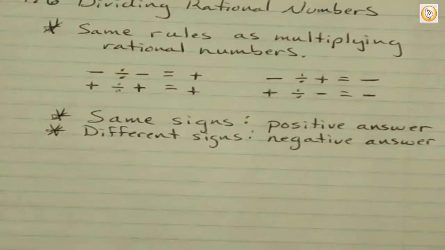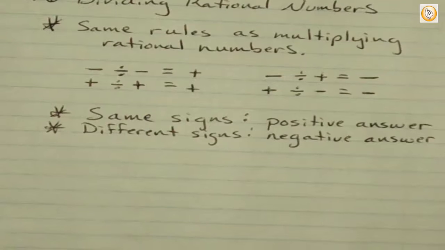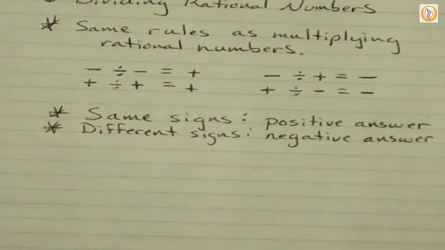I'll let y'all catch up. Same signs, positive answer, different signs, negative answer. Multiplying, the 7th graders even said, multiplying and dividing, way easier than adding and subtracting. Put your pencils down or pens down when you are done.